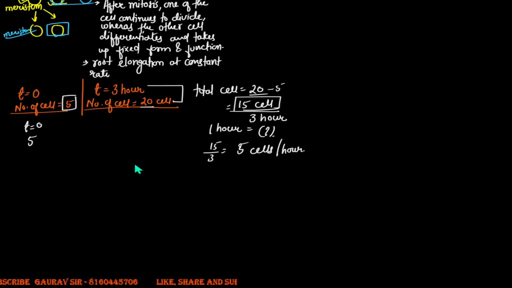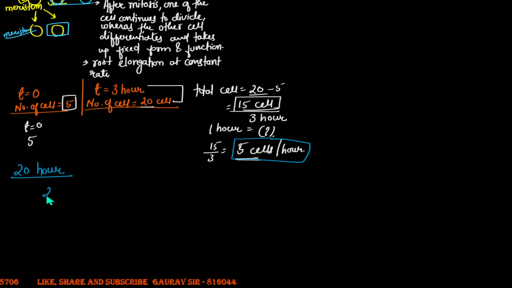All right. Now, similar to this, if we know that 5 cells are being added every hour, can we find how many cells will be present in the system after, let's say, 20 hours? We do know that 5 cells are added into the system per hour.